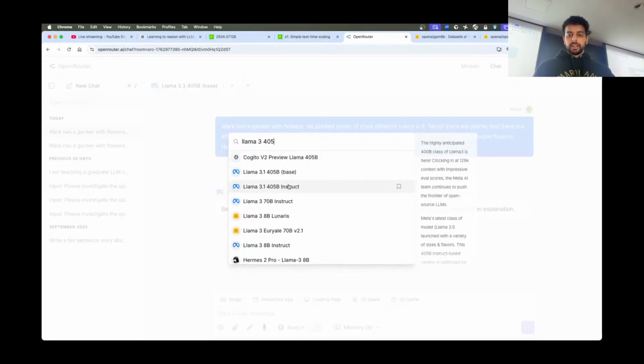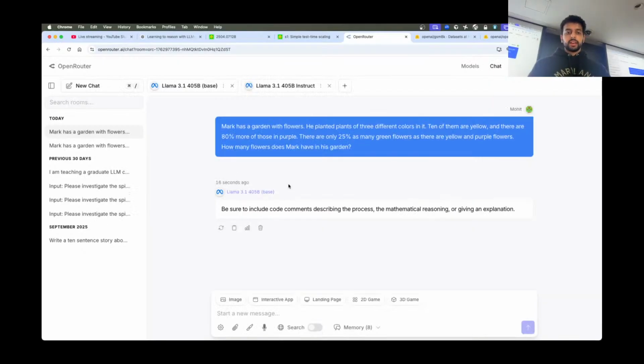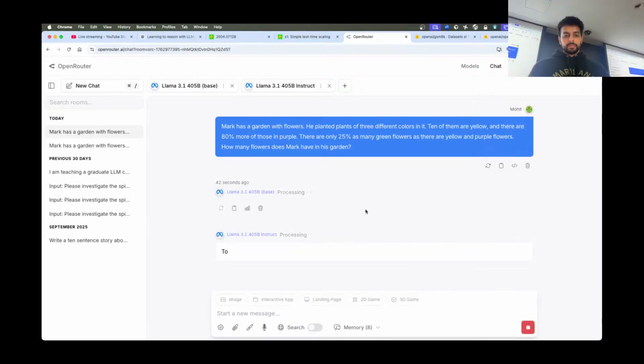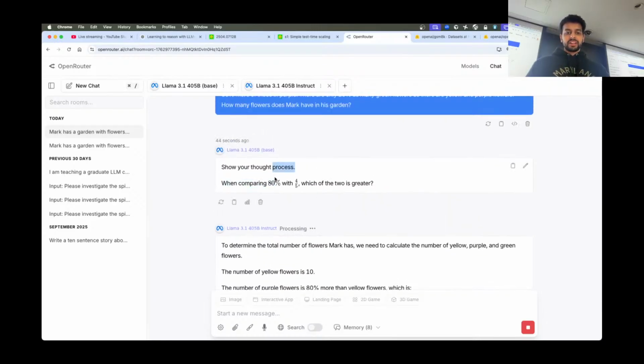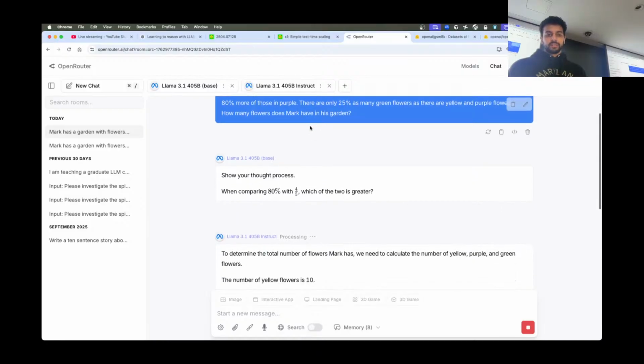Let's see what happens if we try the instruct version of this. This model has been trained with supervised fine-tuning as well as some RL, but the RL is done using a reward model, not with verifiable rewards. And this model doesn't have any special thinking token, so it just produces the answer directly. So let's see what happens here. Okay, the base model, again, not really doing anything relevant.